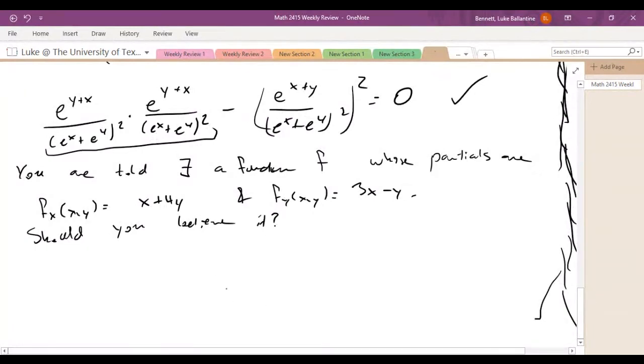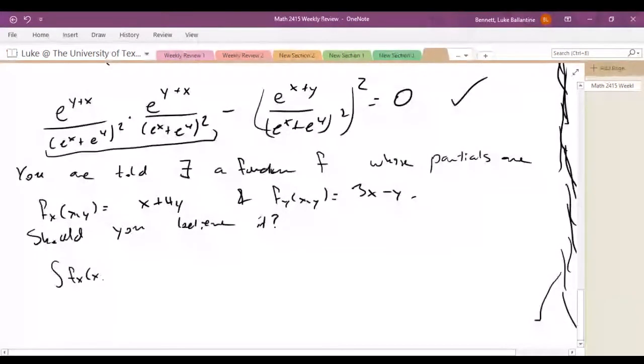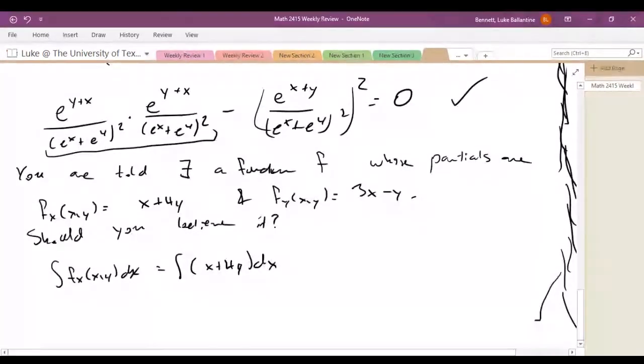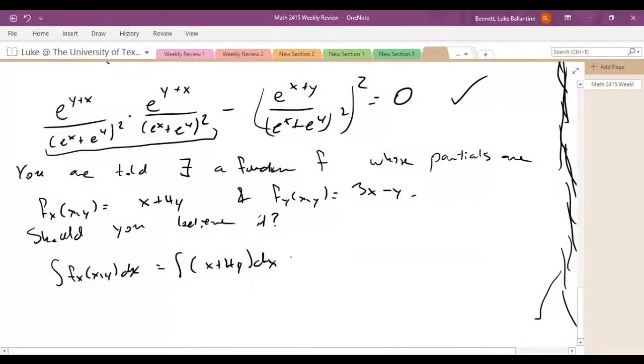Now, to solve this, we're actually going to do some integration. We're going to integrate this function f sub x of x, y with respect to x. Get the integral of x plus 4y dx. We treat y as a constant, x is the variable.